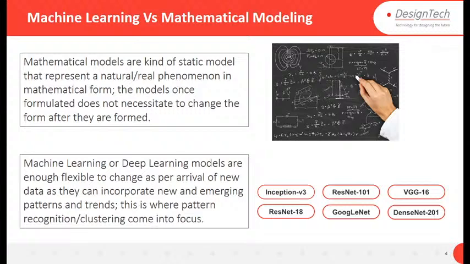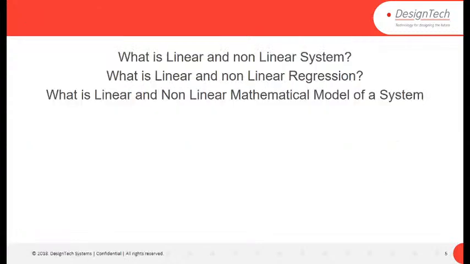But in the case of a mathematical model, it is not possible. You have to create a new mathematical model again if new data, new trends, new demands are coming.